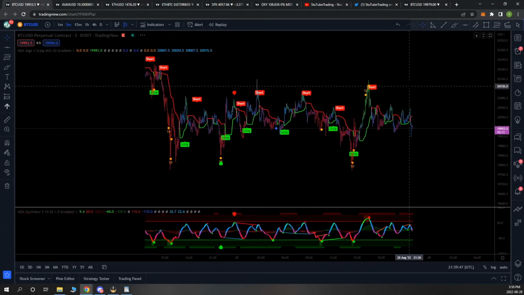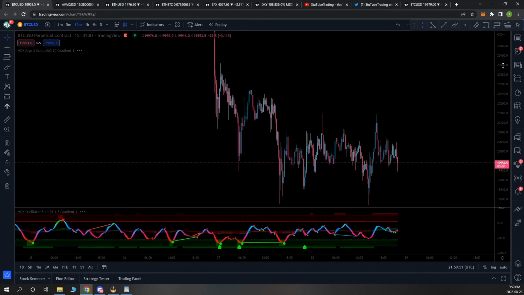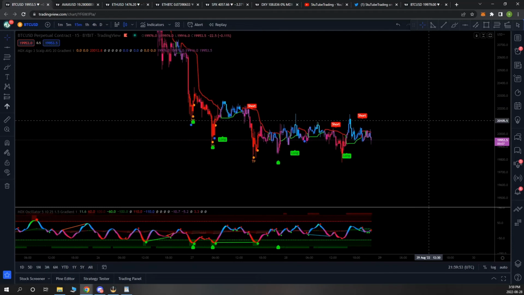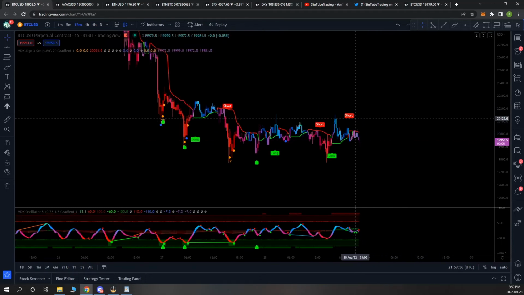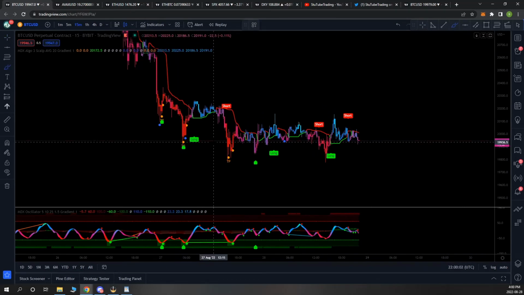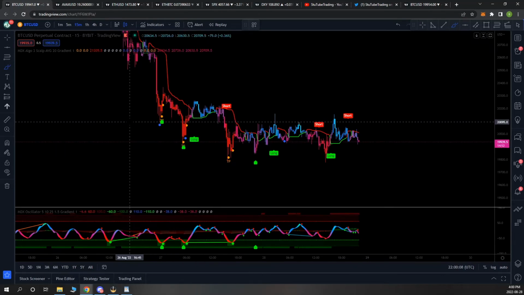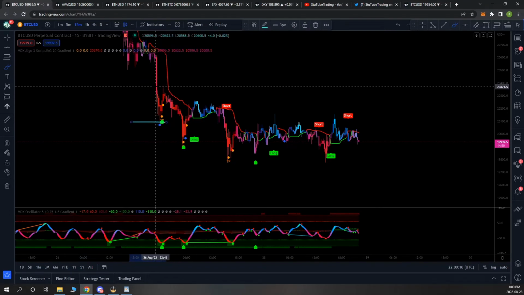Here, let me just check something. BTC is holding. You can see that we did get this short signal on the 15-minute. And like I said, I do think that we're going to dump a little lower fairly soon, because as I mentioned, as we were setting these lower lows, we set this low, then we set a lower high.